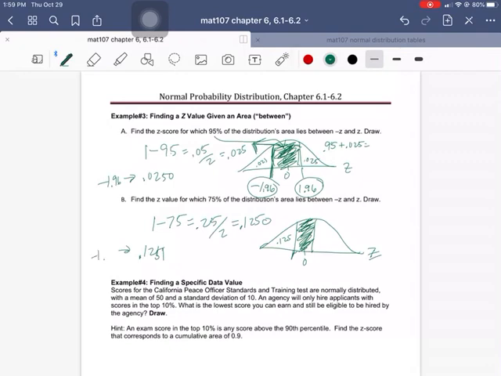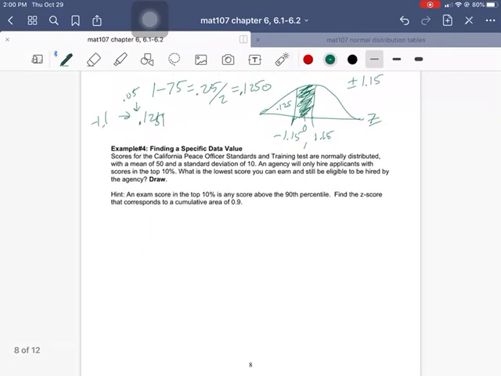So that comes out to negative 1.1 and 0.05. So this is going to be negative 1.15. That means this one's going to be positive 1.15. So you can write it like that or separate them with a comma. Okay?